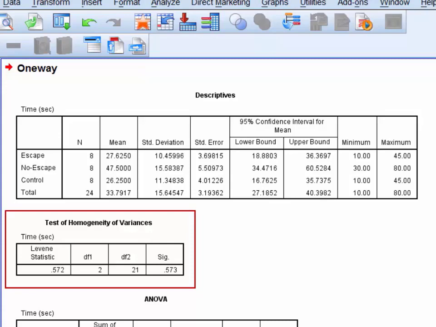We do not want to reject this null hypothesis, and so we want the significance value here to be greater than 0.05, which it is. So in other words, we can assume homogeneity of variances. And this means that we can ignore the output for the Welch and Games-Howell tests that we requested earlier.